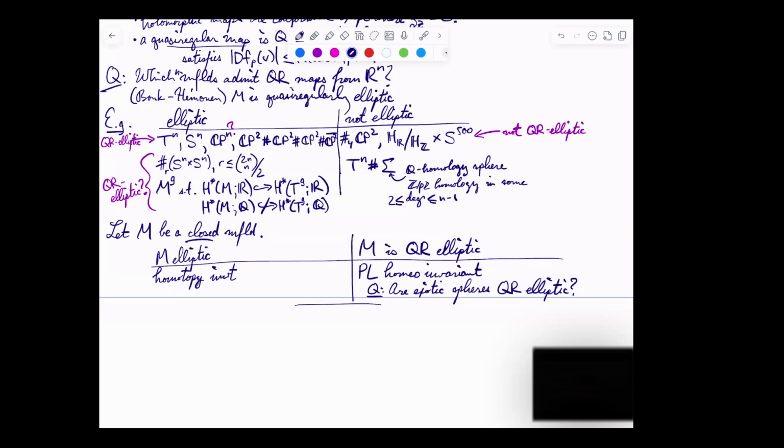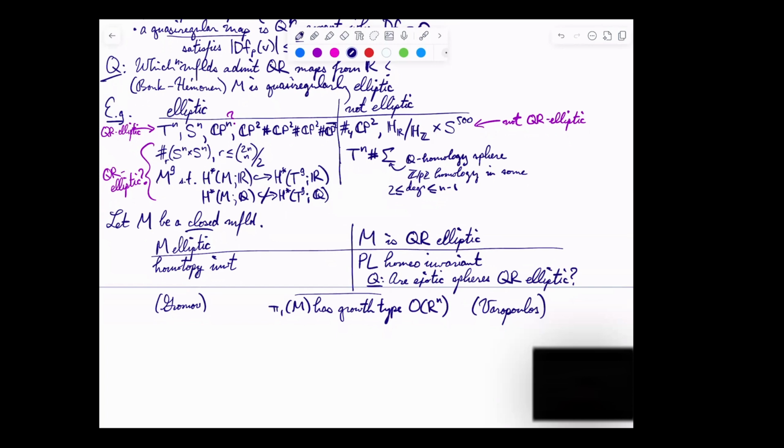For example, pi 1 of M always has growth type at most r to the n. This is due to Gromov for elliptic manifolds and due to Varopoulos for quasi-regularly elliptic.